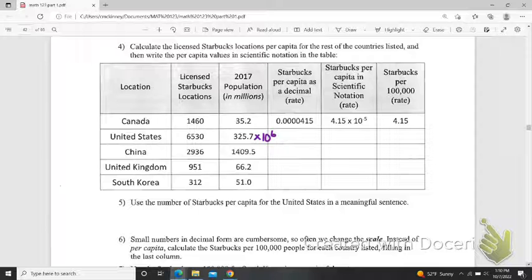So what I did was 6,530 over 325.7. Now I know I didn't put the top one in scientific notation, just work with me for a minute here, and I know the bottom isn't in perfect scientific notation. But when I divide the number parts, I get this. Actually, if I go one more place, I would round it to this.